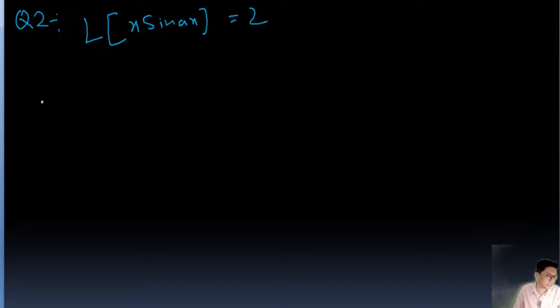Question number 2. Okay, question number 2 is the Laplace transform of x sin ax. This you need to find out. These are simple questions. So Laplace transform of x sin ax. How are we going to solve it?